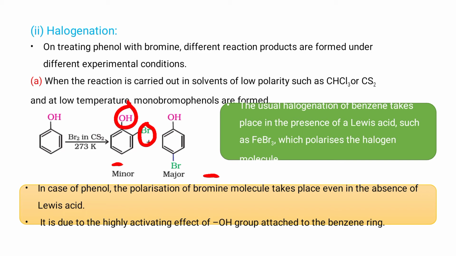It is due to the highly activating effect of the OH group attached to the benzene ring. So this is an important reaction. We will try to learn this reaction, how bromine is attached at the ortho and para positions, which one is the major product and why it is the major product.